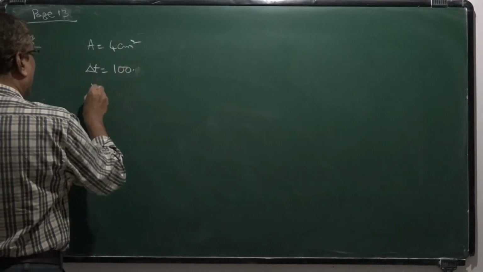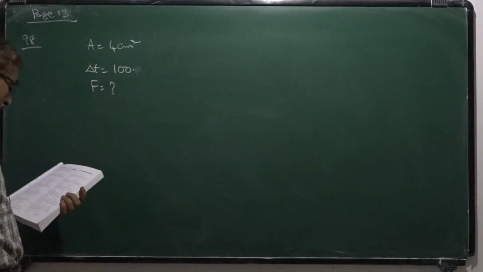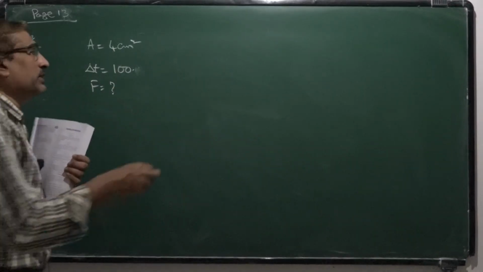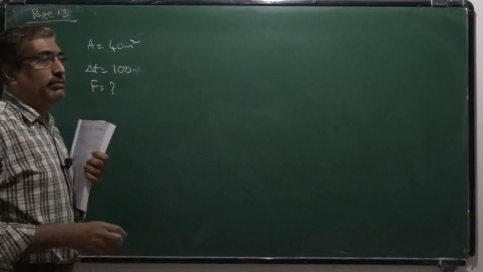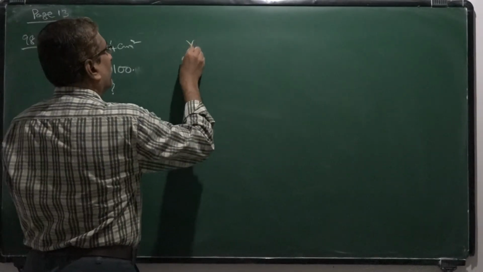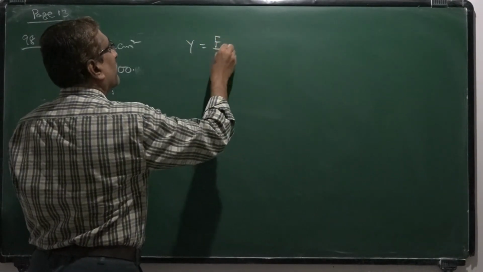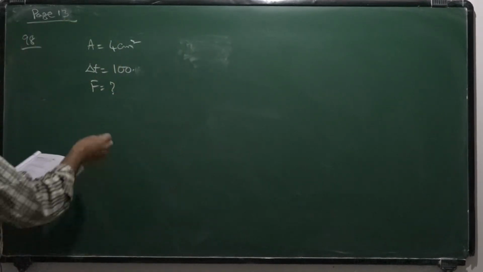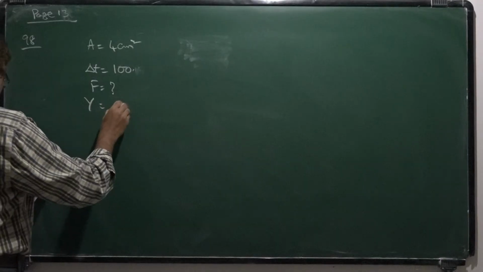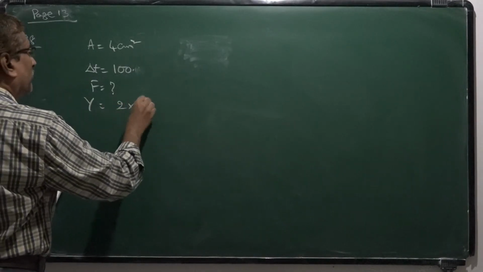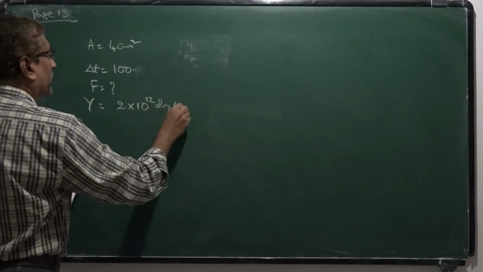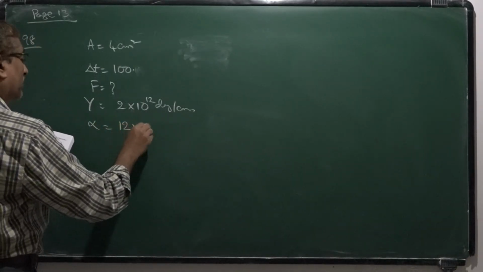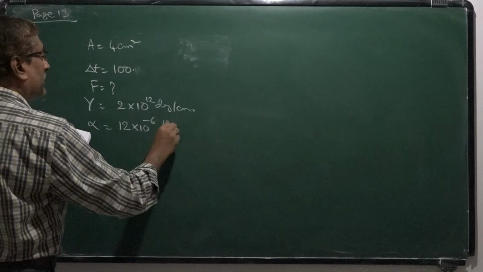You are asked to find the force required to stop the expansion. That means the thermal force required to stop the expansion. Given Y for iron is 2 into 10 to the power 12 dyne per centimeter square and alpha is 12 into 10 to the power minus 6 per degree centigrade.